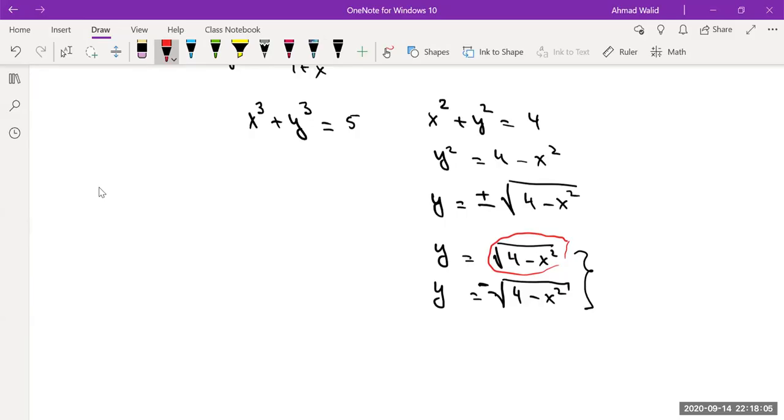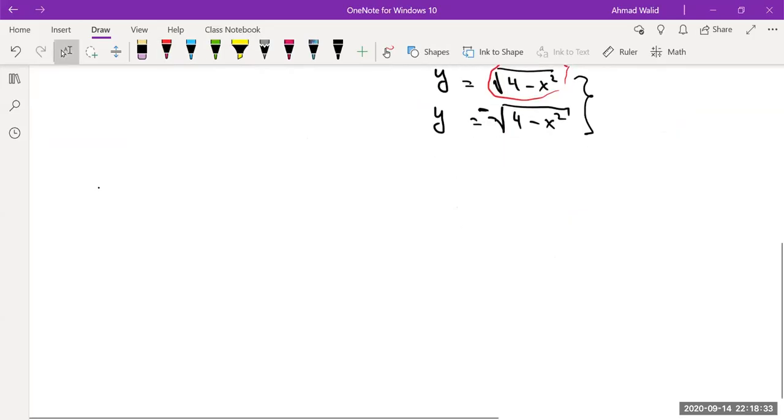And negative square root of 4 minus x squared is the other half of the circle, because we know this equation x squared plus y squared equals 4 is actually the equation of a circle, right, from algebra. But you see, for me, this equation is an implicit equation. Why? Because if I solve for y, it gives me more than one function.